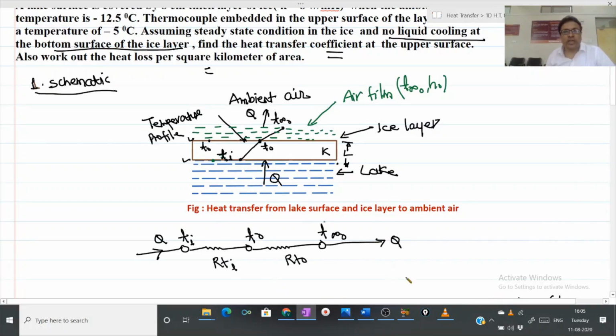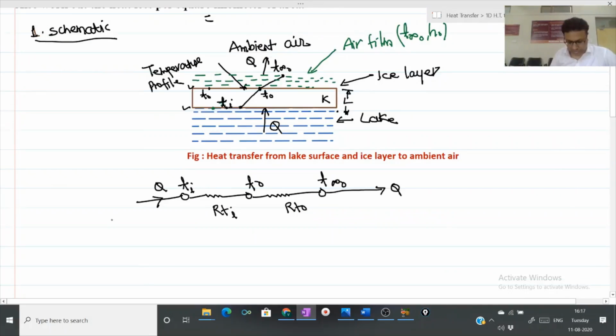So this way I can draw the equivalent electrical circuit of this system. Now after drawing the equivalent electrical circuit, still we are unaware about the value of this Ti. So how to find out?